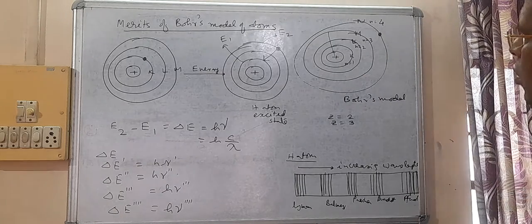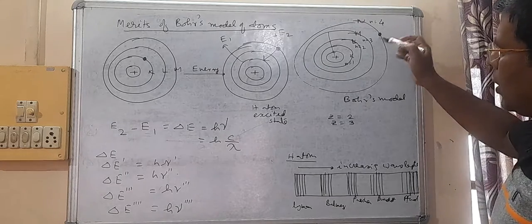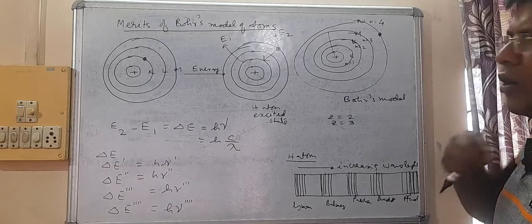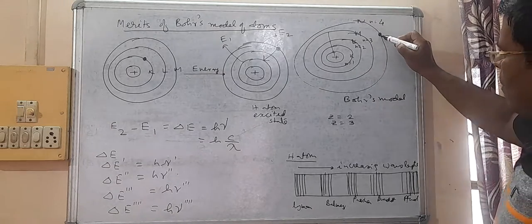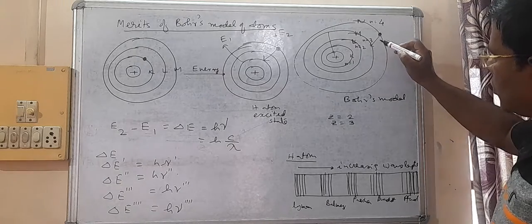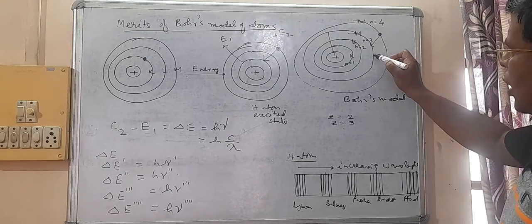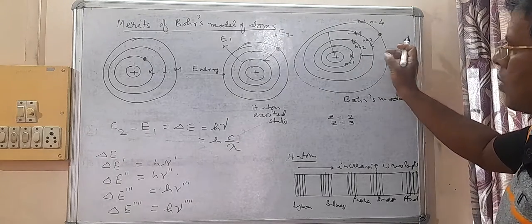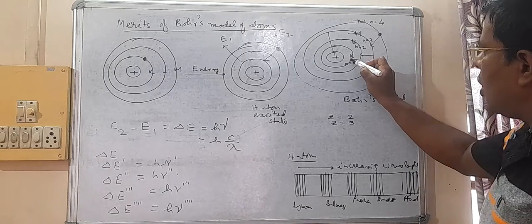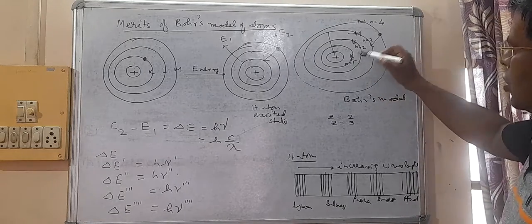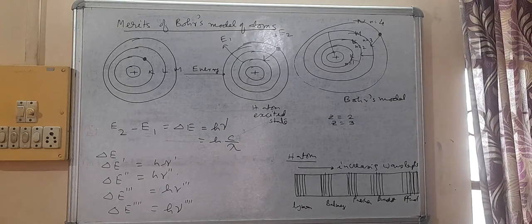But the thing is that there are different ways it can come back. It can come from here to here, so some energy will be released. It can come from here to here, some different energy will be released. Then it can come from here to here. So you see, 3 transitions are involved. So 3 frequencies will be involved, 3 lines will be involved.